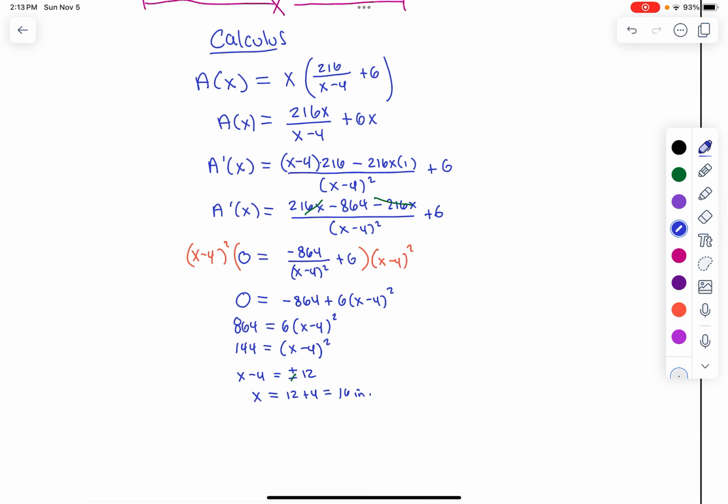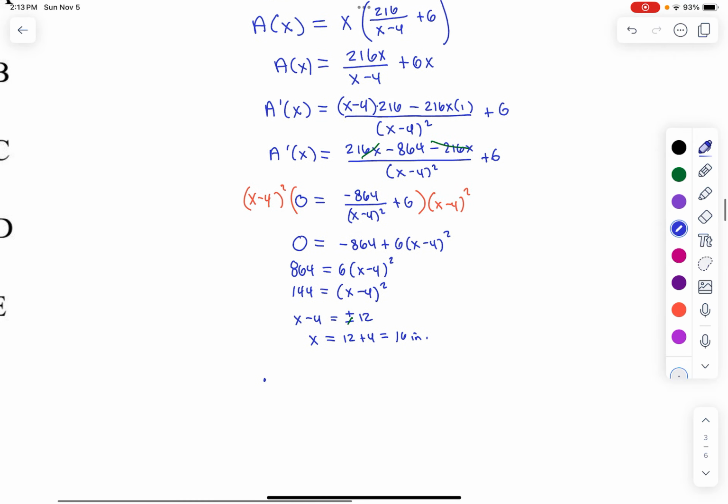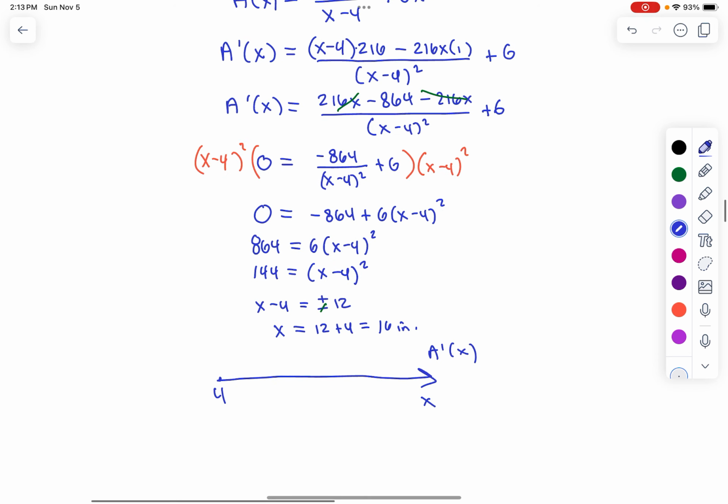Let's just check we found a maximum. So I'm going to put a 4 here, and x, and the sign of the derivative. And I'll put my 16 here.